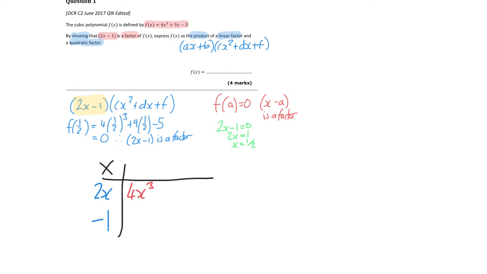And then I say to myself, what do I times 2x by to get 4x cubed? We can spot very quickly, it's just 2x squared. Now I can fill in that column. So 2x squared times minus 1 gives me minus 2x squared.